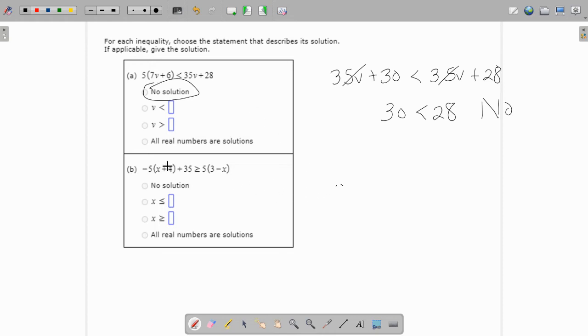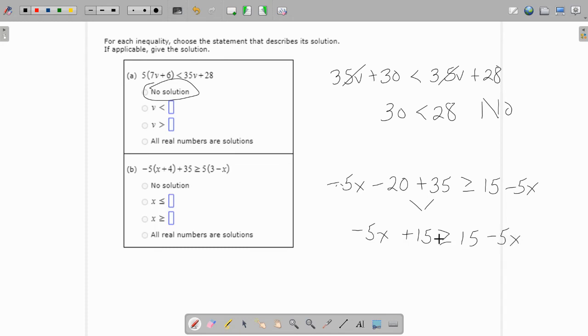And last problem, distribute the minus 5. Distribute the 5 over here. Combine like terms. Negative 5x plus 15 is greater than or equal to 15 minus 5x.